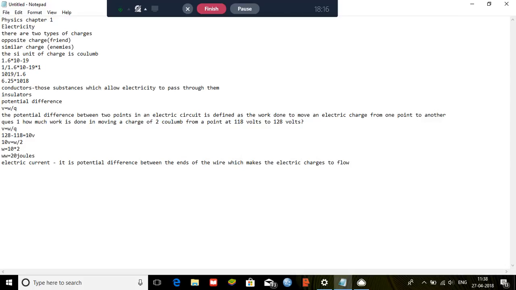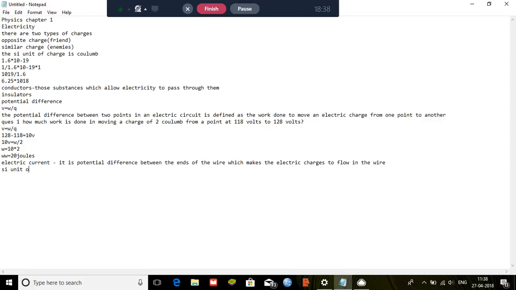So the flow of charge in the wire is known as electric current. I'm telling you, with the bookish language, if anything comes out like this in the exam, you have to write the same.